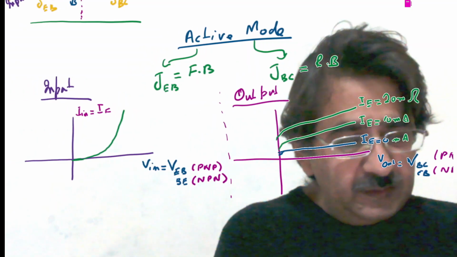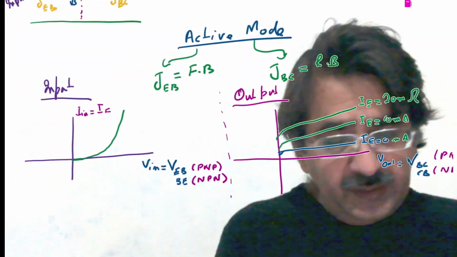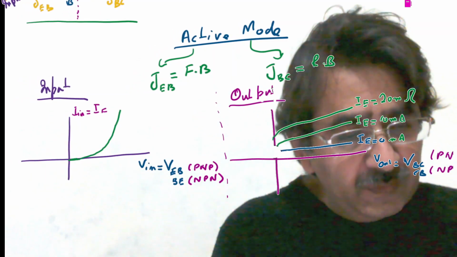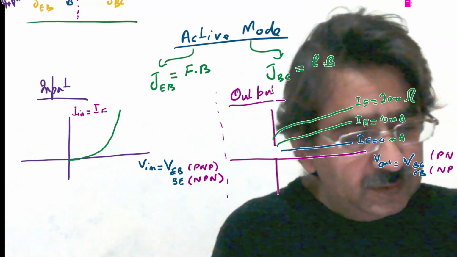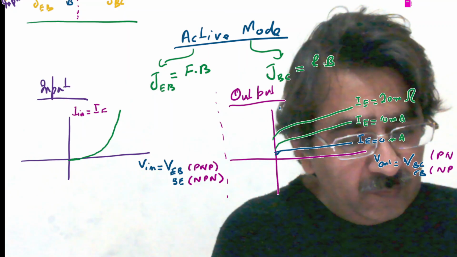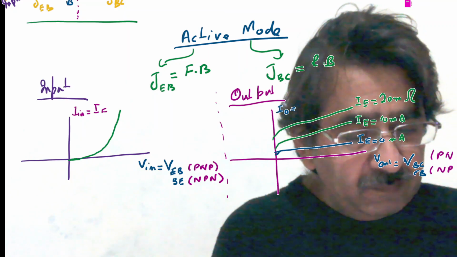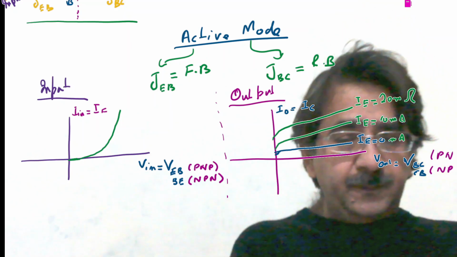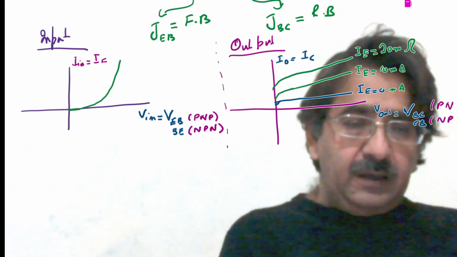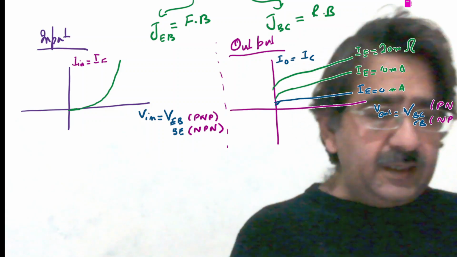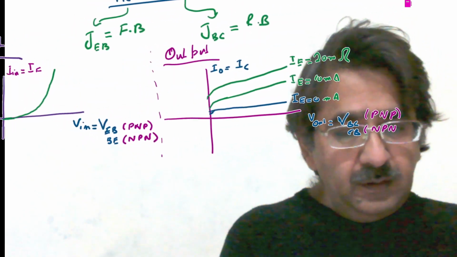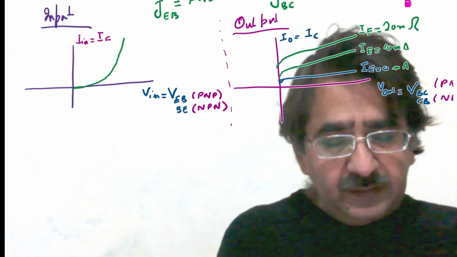So this will be the input characteristic, and that will be the output characteristic, and I out will be the collector current. From these diagrams, we know that I is along the y-axis and V is along the x-axis.